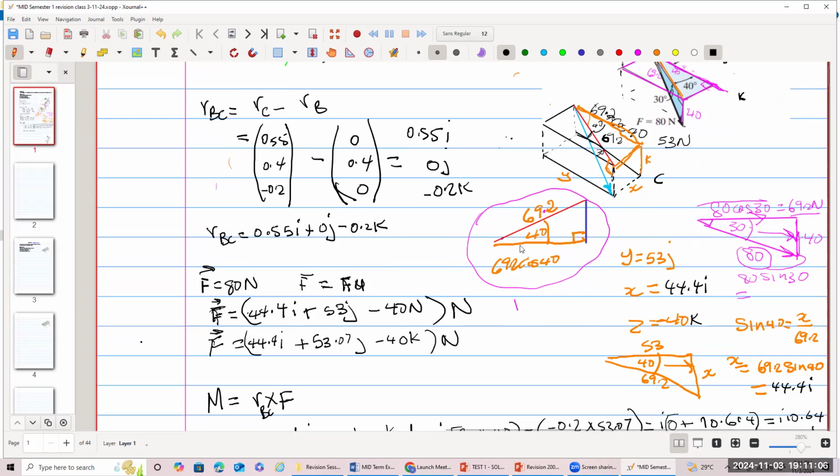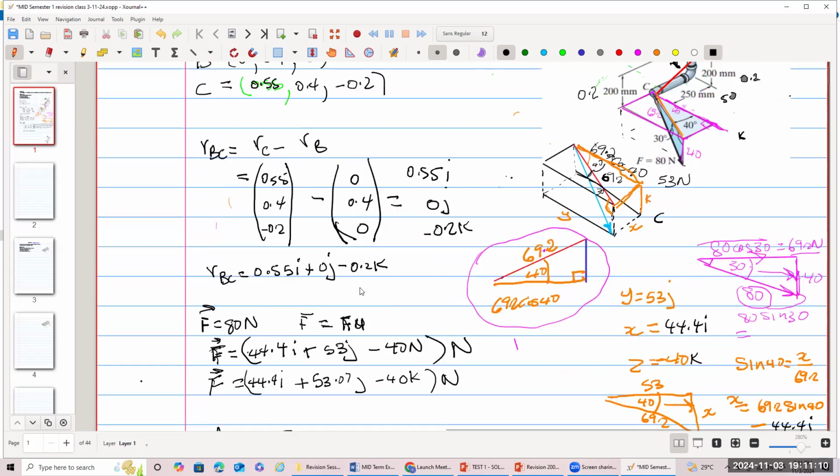So once you get the vectors, you multiply the vector by the 80. So it's u times F, where F is the scalar value, or your modulus value. Some people don't even write the modulus value. I'm tempted to put it just because I want to tell you that it is a scalar value.